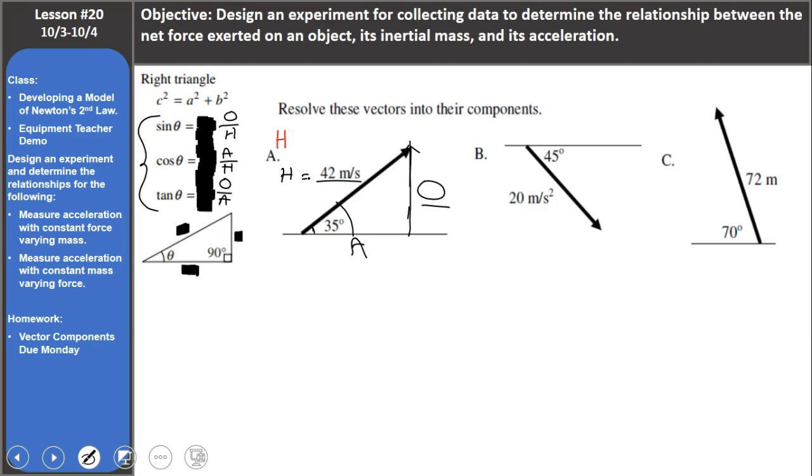This is the one that has the hypotenuse, the angle, and the opposite. That's what I'm interested in. I'm interested in finding the opposite, so that has to be there. I know the hypotenuse and I know the angle. So that means I have to use sine of the angle is equal to opposite over hypotenuse.